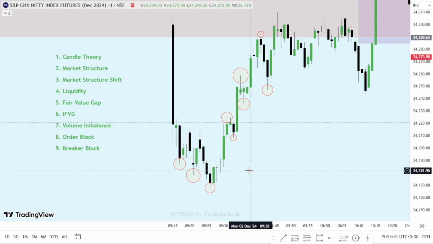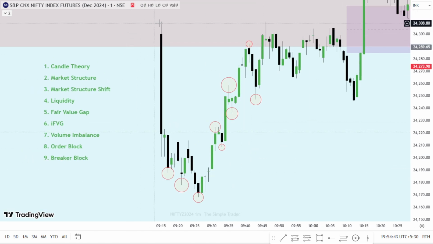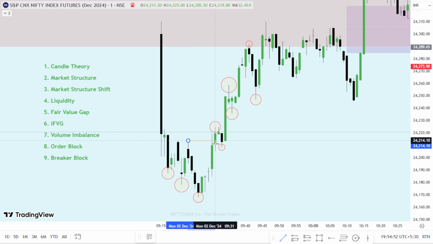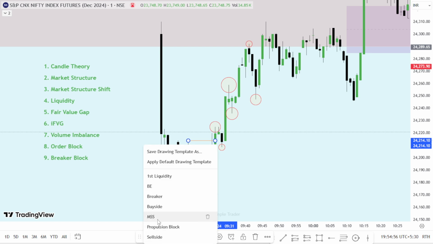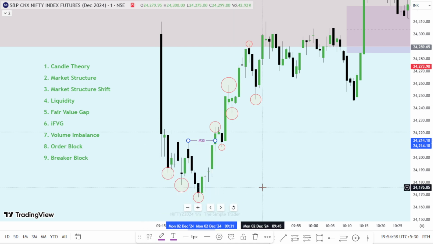So what is a market structure shift? You can see here, price is in shorts going low, and then when there is a shift in market structure, we form a market structure shift.